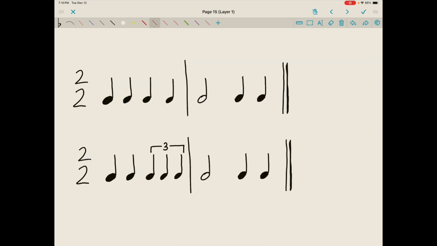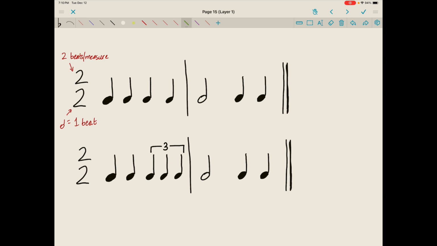We're going to look at one more example of a triplet in simple meter. So we're in 2/2 time. The top number of the time signature is a 2. Because the top number of a time signature is a 2, a 3, or a 4, we know we're in simple time. In this case, simple duple time. So there will be 2 beats per measure. And the bottom 2 tells us that a half note will be our beat or pulse note.